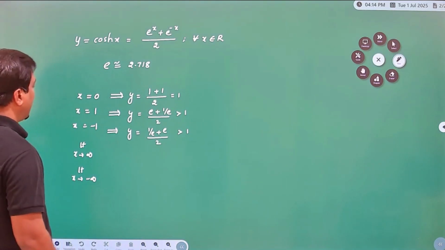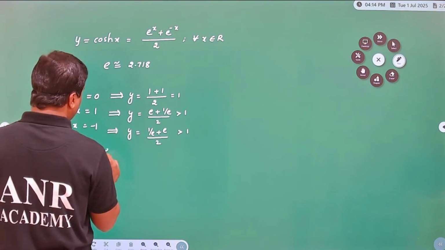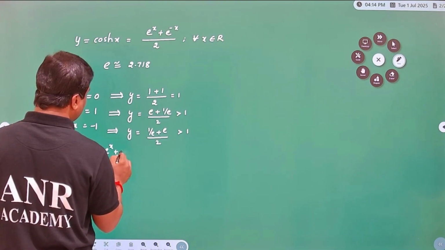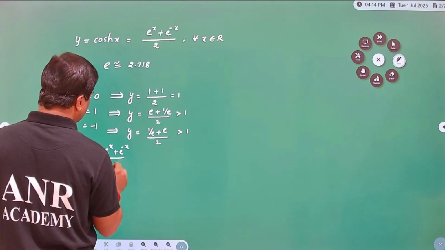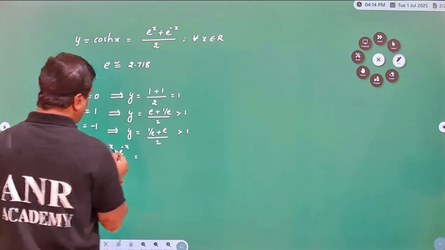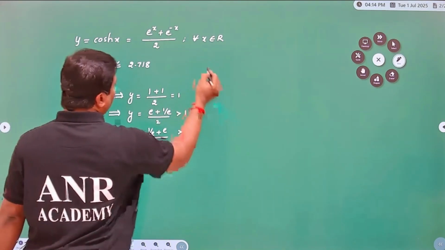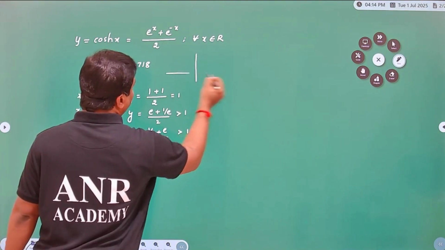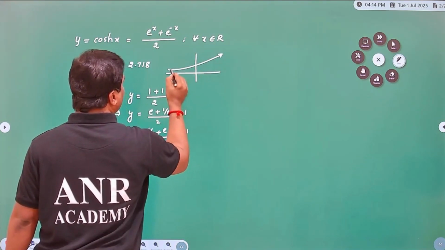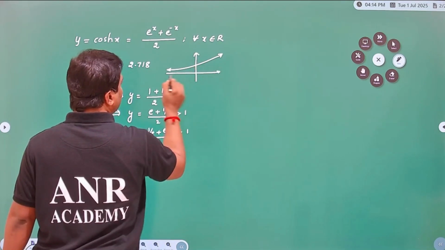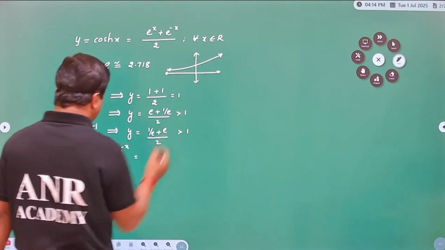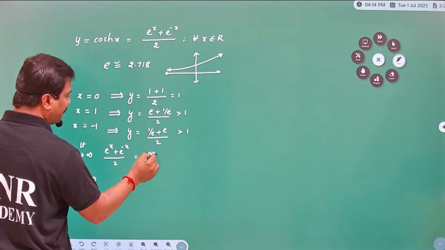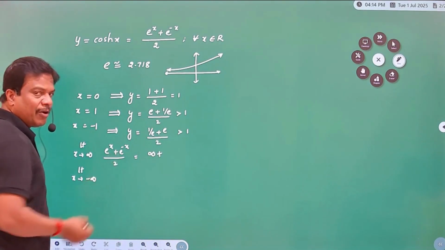Next, as x tends to infinity, e power x plus e power minus x by 2 approaches, here you know the graph of e power x, since it rapidly increases, as x extends to infinity it is infinity, plus e power minus x, nothing but 1 by e power x.